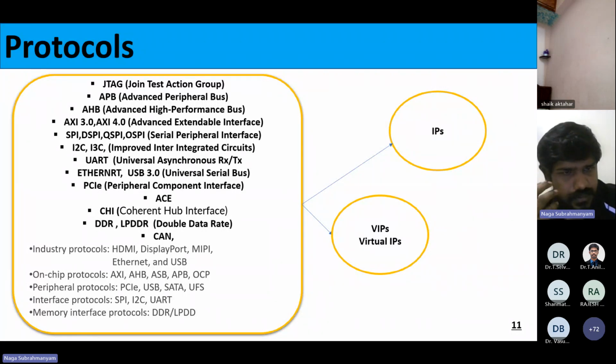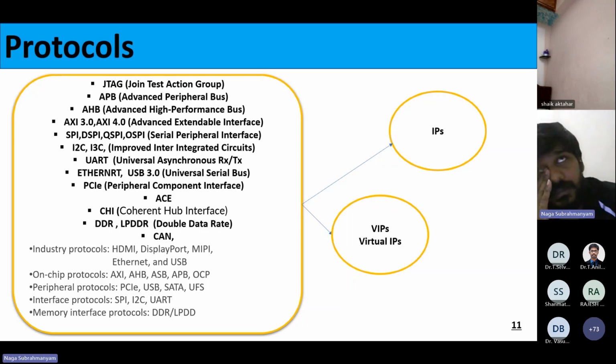You can go through how AXI behaves and try to verify AXI. If I use AXI, how data will be interchanged, that we can verify in our VIP. And an AXI VIP is also available over the internet, so you can check how the AXI design will be and how the AXI VIP will be.